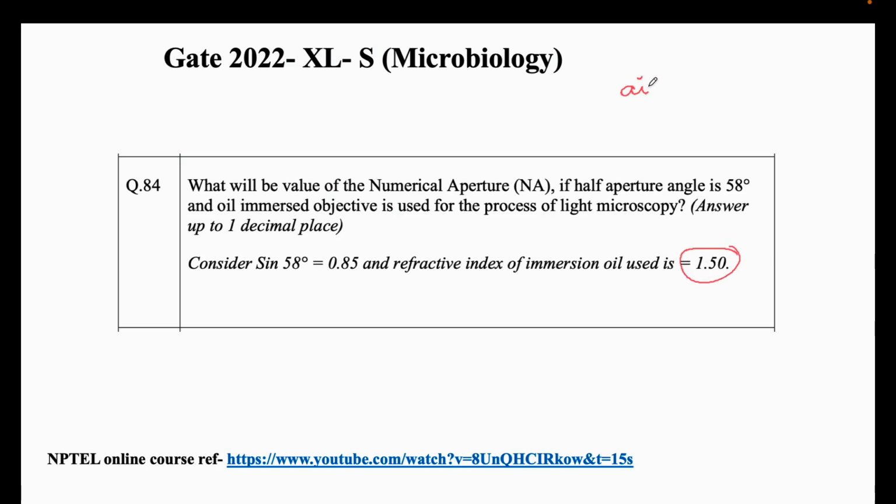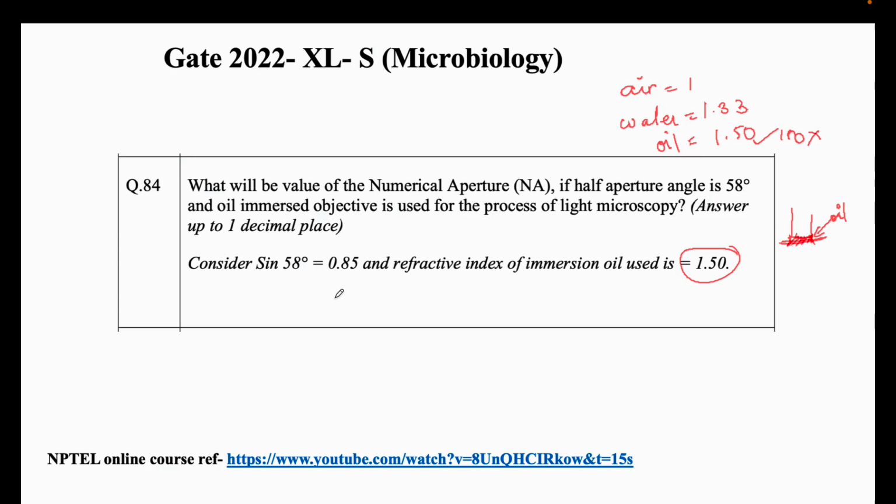Air has refractive index of 1.33 and oil has refractive index of 1.50. Oil immersion lens can be used only with 100x. Why? Because that 100x objective nearly sticks to the specimen, and this space will be filled by oil to get more resolution.